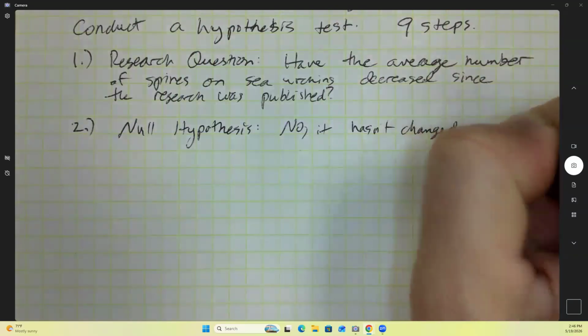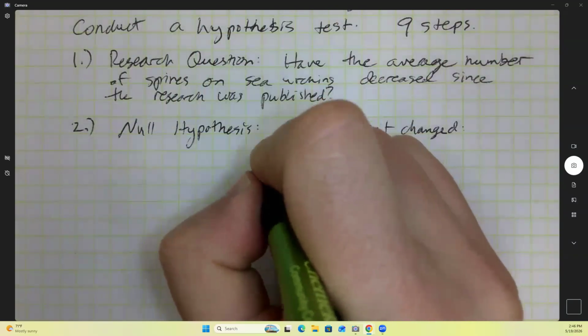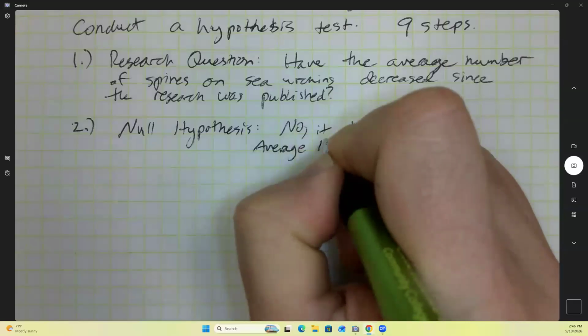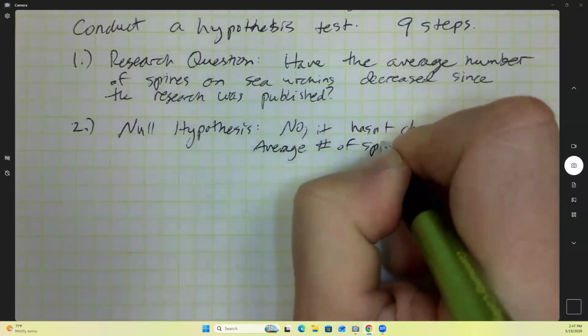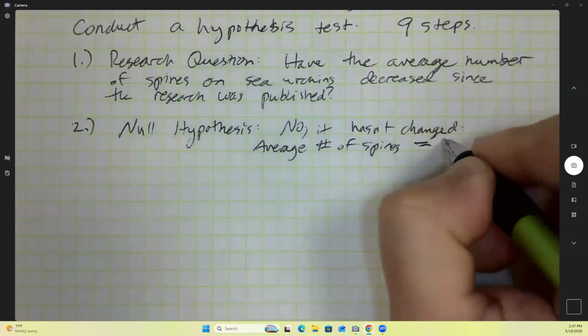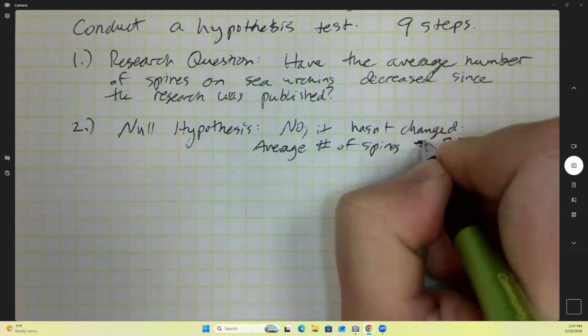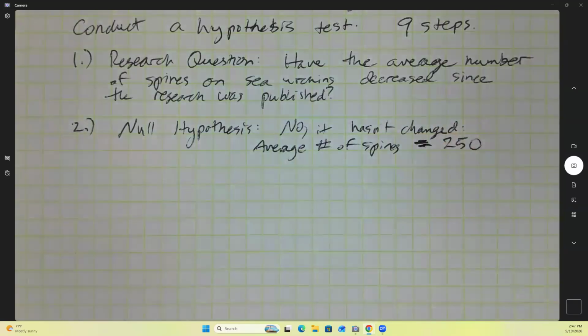And we might write this as saying the average number of spines is still 250. Right? If we wanted to make it a little bit more mathematical, or at least so close that we couldn't say there's any practical difference or statistically significant difference.